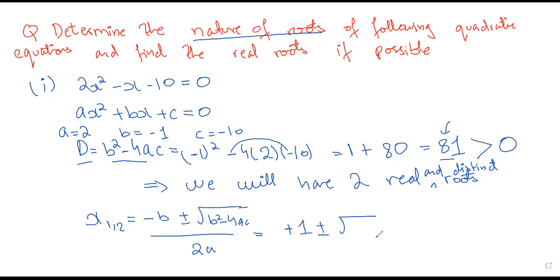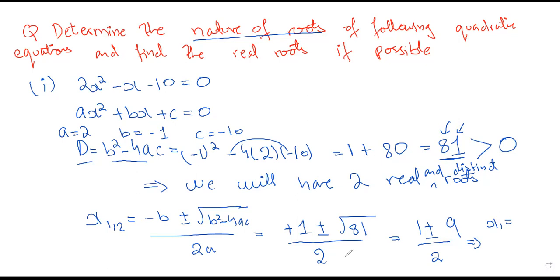In this, b square minus 4ac is 81, right? Okay, so it is 81, divided by 2. Okay, so this would be 1 plus minus 9 by 2. So I'm going to get x1 equal... this 2 is also the value of a, so it will not be 2, it will be 4. 2 into 2 is 4.